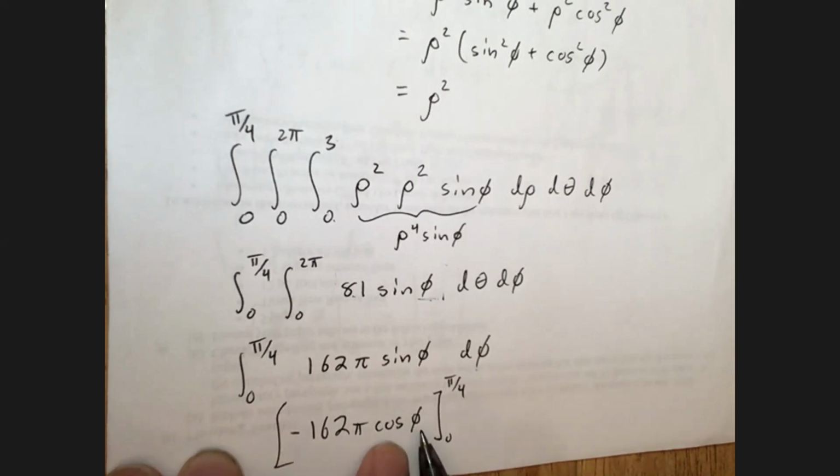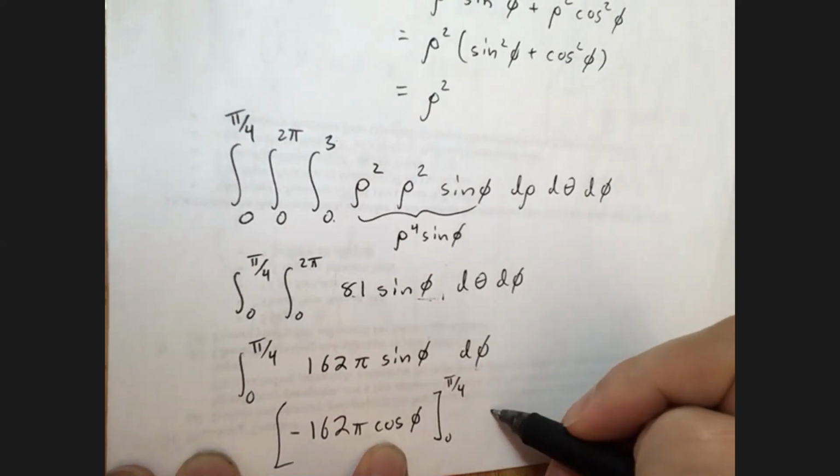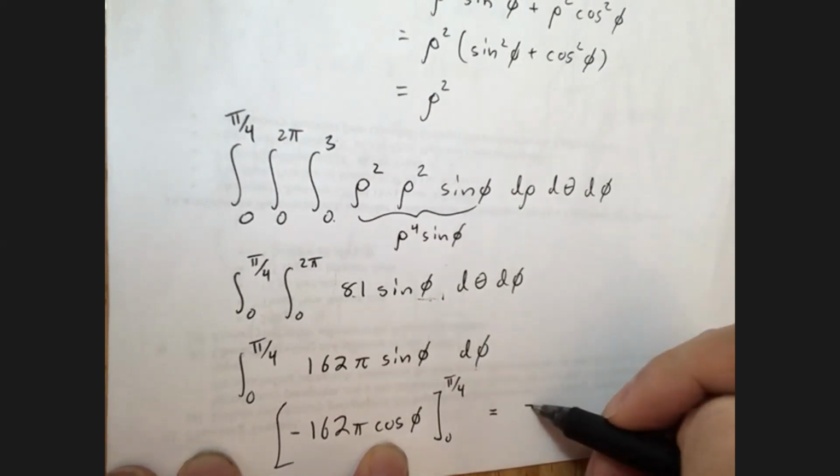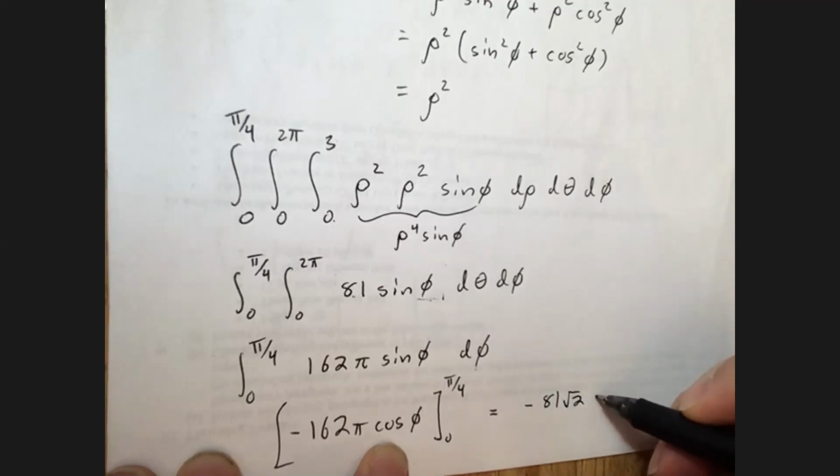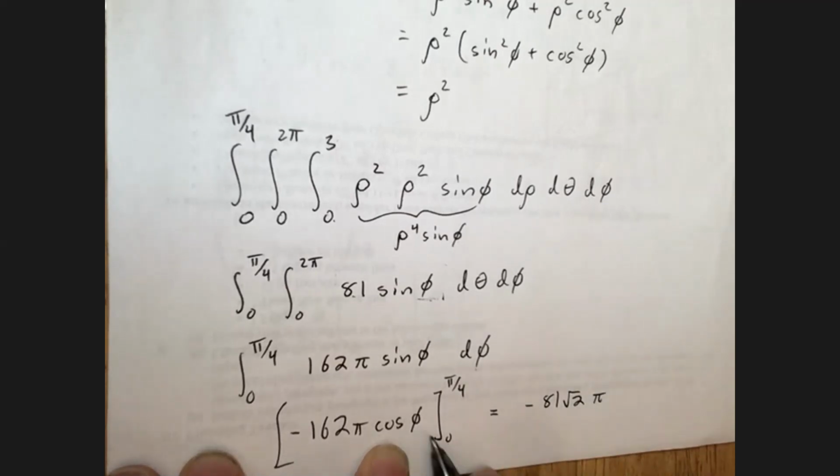So we're going to plug in pi over 4 for phi. What's cosine of pi over 4? It's square root of 2 over 2. So that is negative 81 root 2 pi.